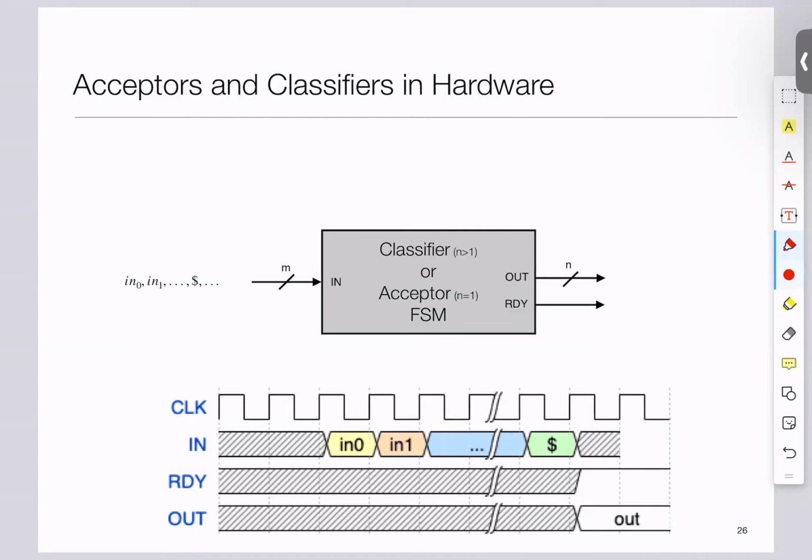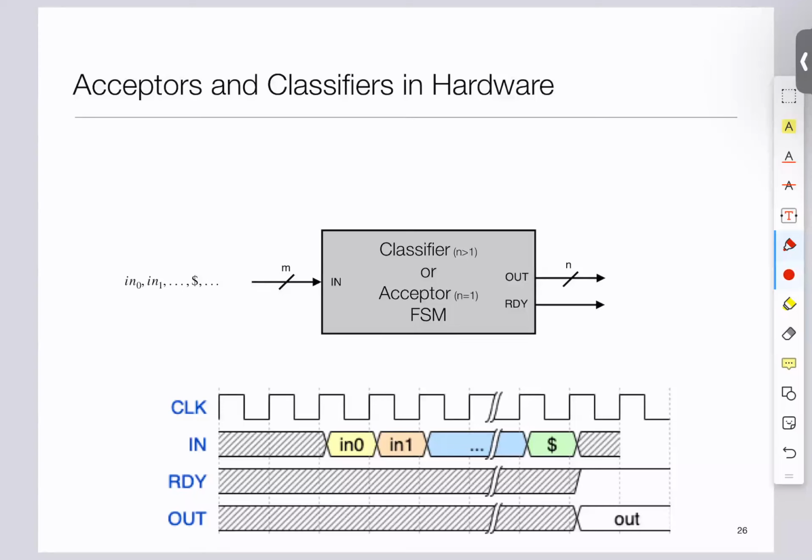Now this view of acceptors and classifiers is kind of a mathematical view, and hardware introduces some additional complications. First thing is hardware is always running. There is no concept of the string comes, it stops, and I'm doing nothing after that, right? In software, it makes sense.